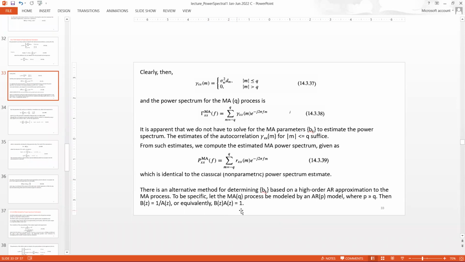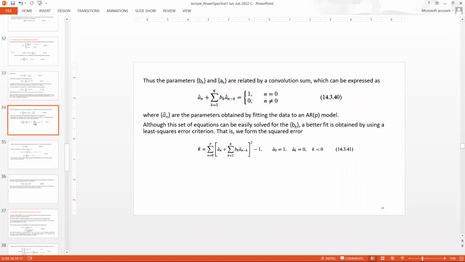To be specific, let the MAQ process be modeled by an ARP model where P is much higher than Q. Then we can write beta Z equal to 1 by AZ, or equivalently AZ BZ equal to 1. So from this relation, AK and BK are related by a convolution sum.